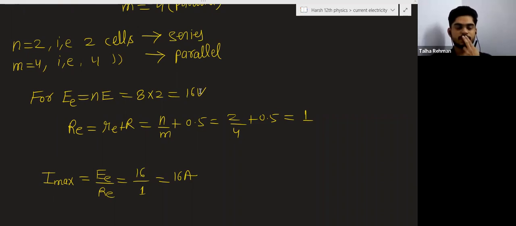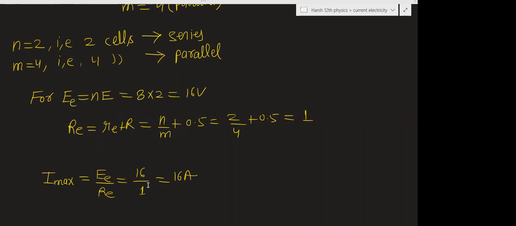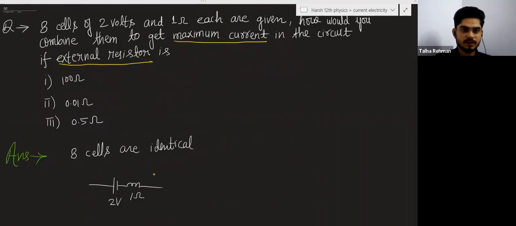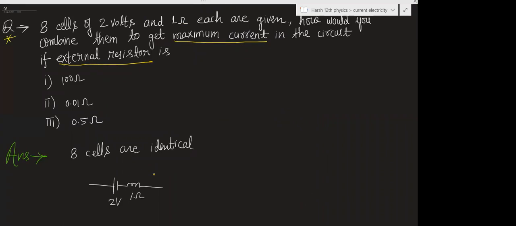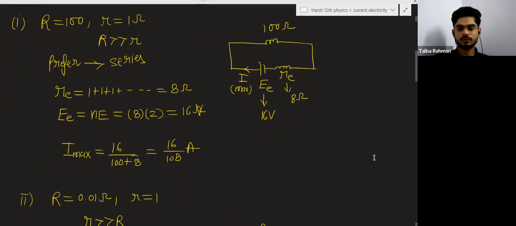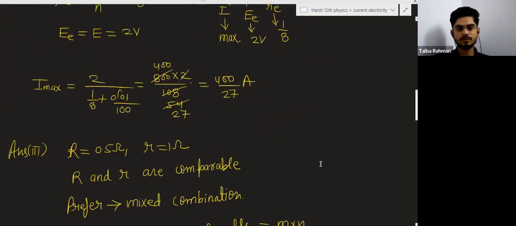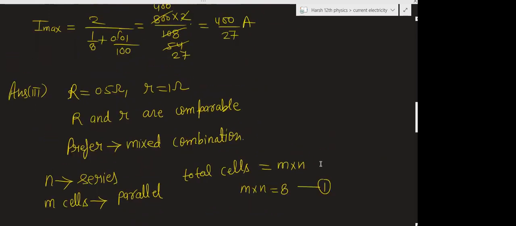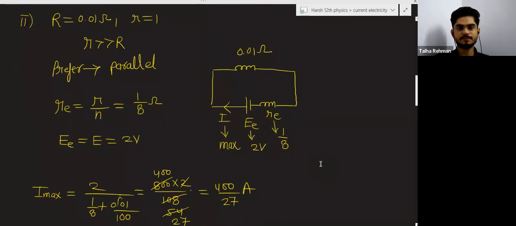This is the total EMF you have, and the total equivalent resistance. So in this way you can solve this question. I will say this question is quite a good question.